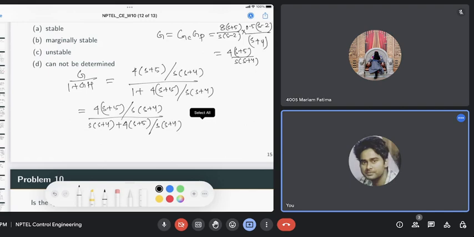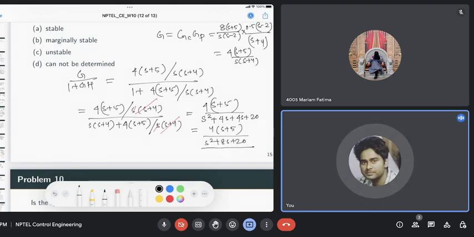So these two denominators will cancel. So we'll have 4s plus 5 by s square plus 4s plus 4s plus 20, equal to 4s plus 5 by s square plus 8s plus 20.